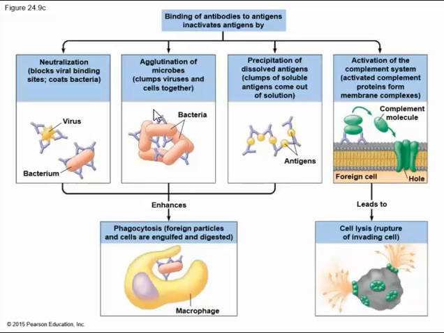This speeds up the process and enhances phagocytosis by macrophages. Precipitation is where they bind to dissolved antigens and clump them together. And by activating the complement system, the complement proteins can actually punch a hole into the foreign cell and cause its rupturing or death.